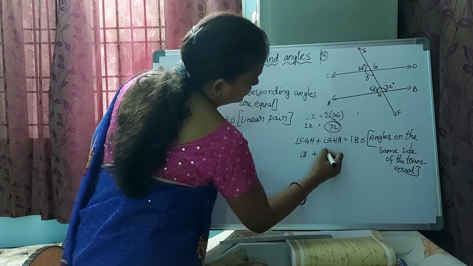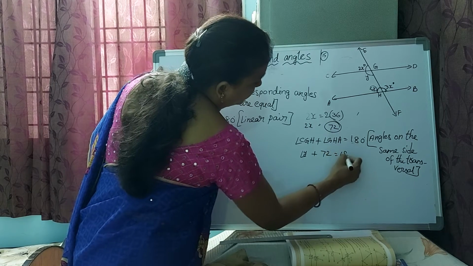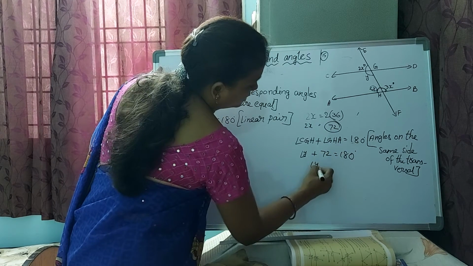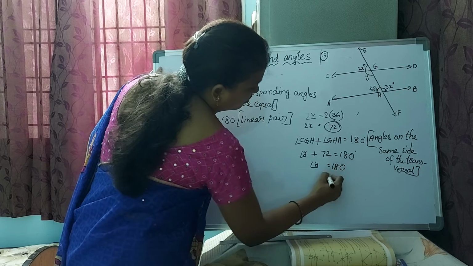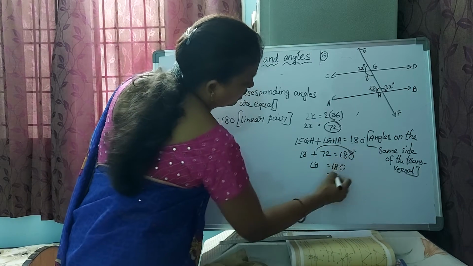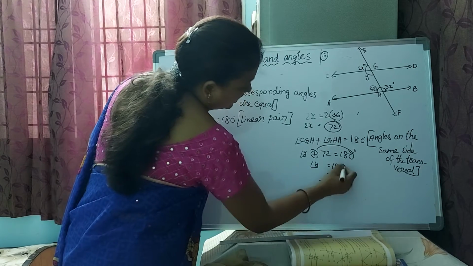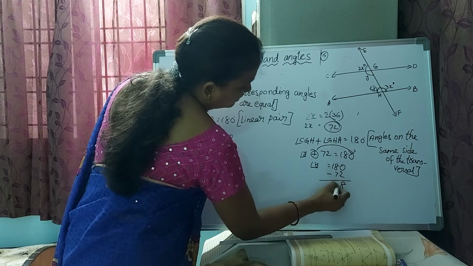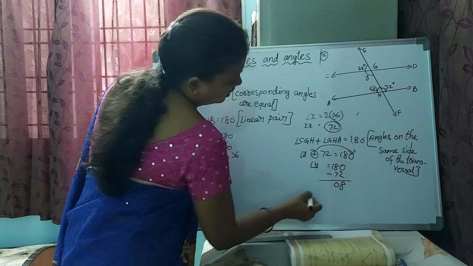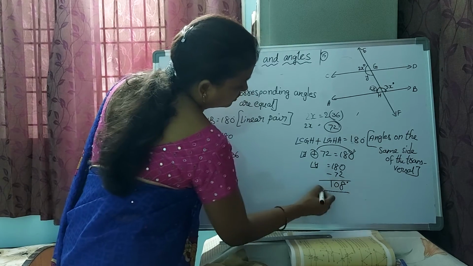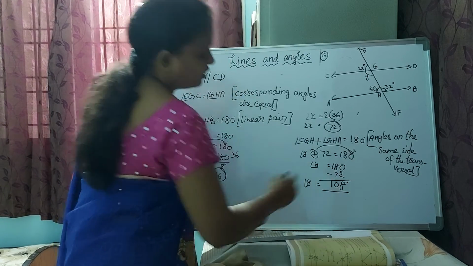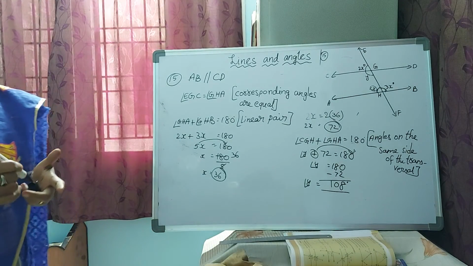So y plus 72 is equal to 180. Angle y is equal to 180 minus 72, which is 108 degrees. So angle y is equal to 108 degrees. So thank you.